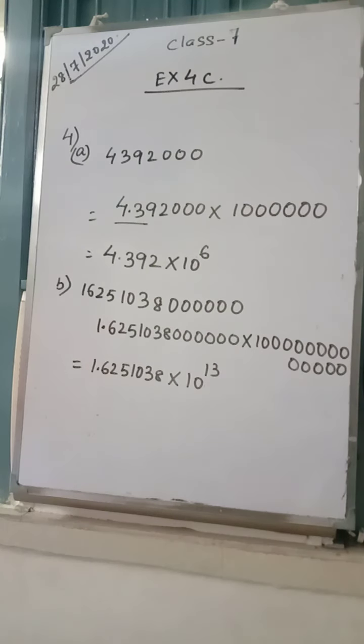This is the scientific notation. Understood? In this way we write the standard form or the scientific notation. We do not change the value. Only we convert it into exponential form of 10.